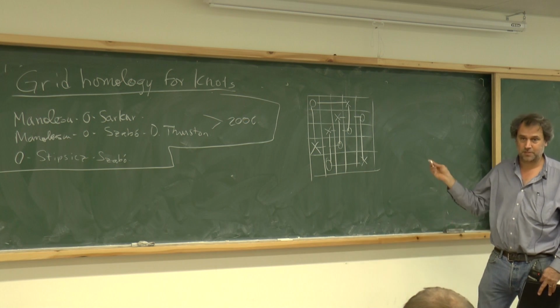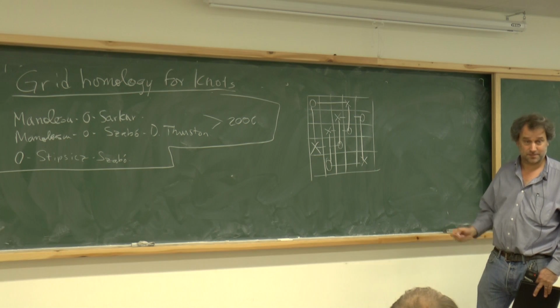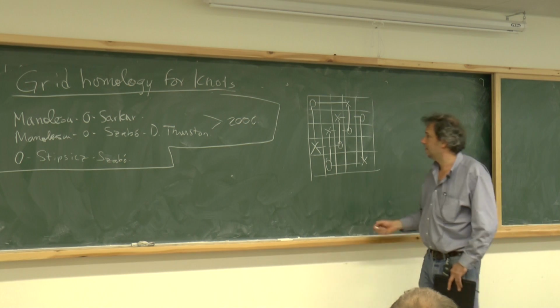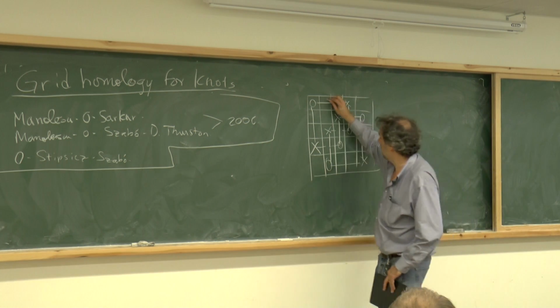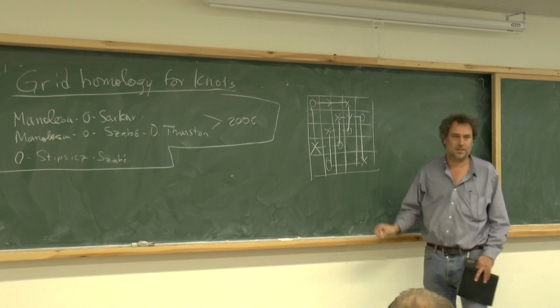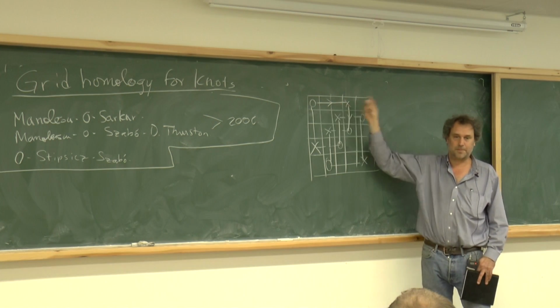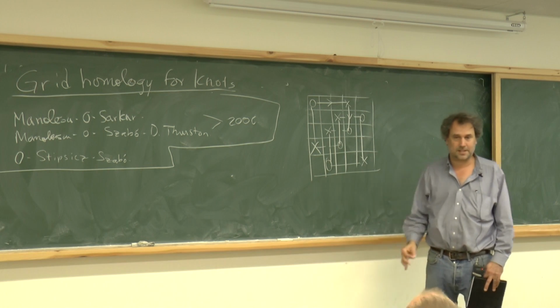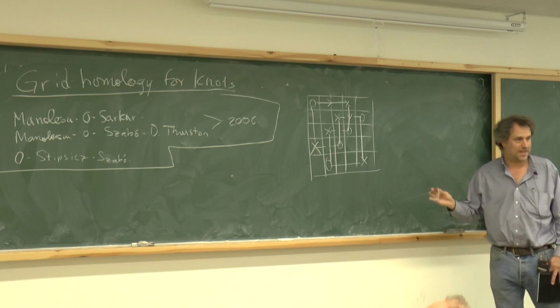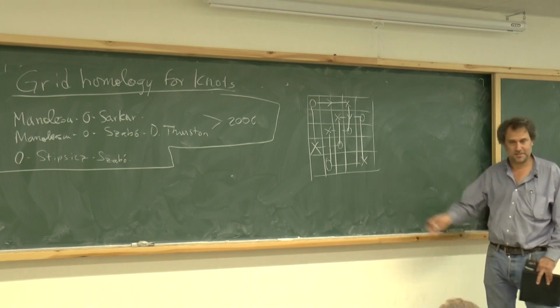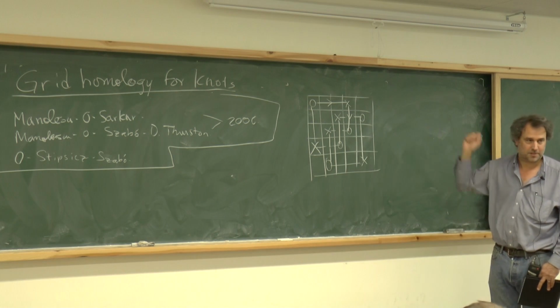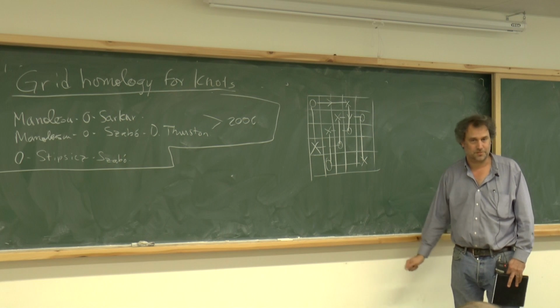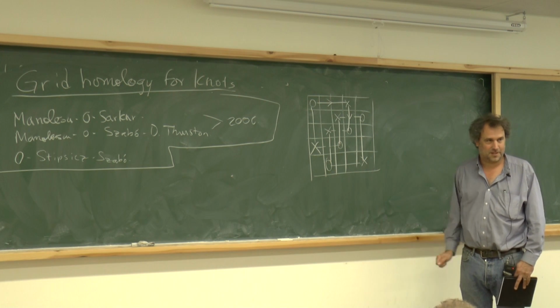And in this way, you've always specified a link. And in fact, there's an orientation convention that horizontally I go from the O to the X, and that gives us an orientation. So an oriented link is represented by this n by n block of squares marked with O's and X's, subject to those rules. Okay, is that clear?